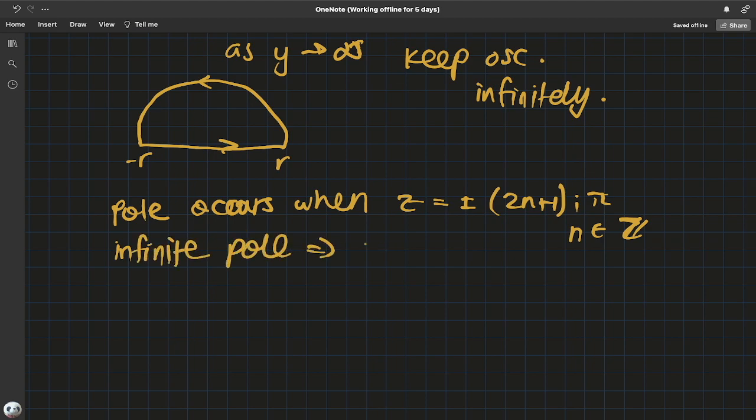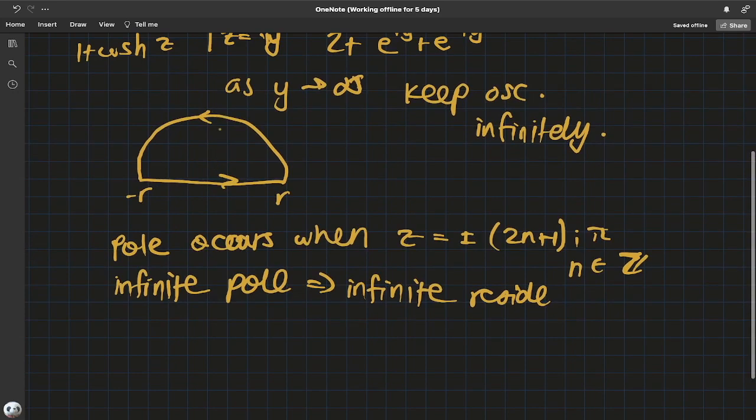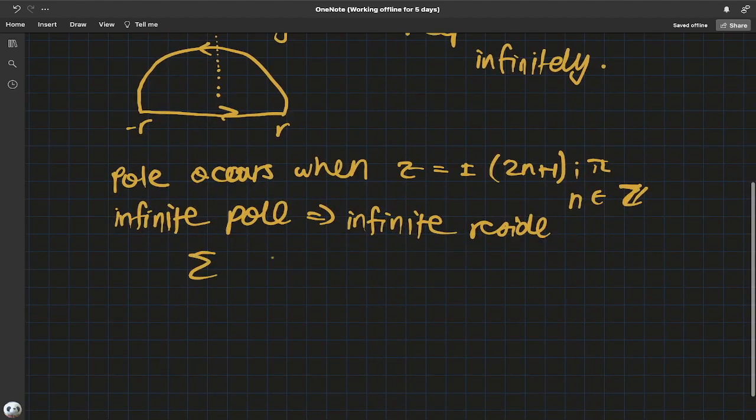Since this is true for all integers, we have infinite poles, which means we would need to do infinite residues for all the poles, because if we take an infinite semicircle, there will be no top to the extent that it contains. So you can just keep adding on poles till infinity, and then our sum of residues becomes an infinite sum.